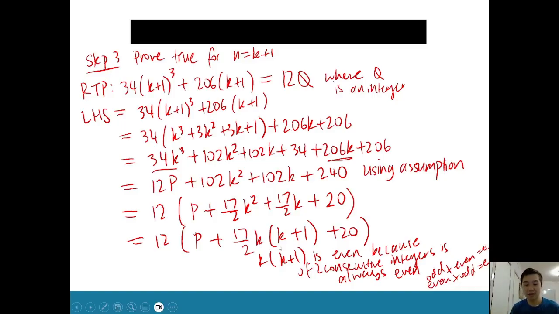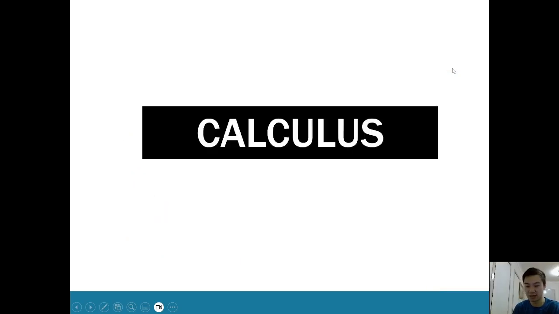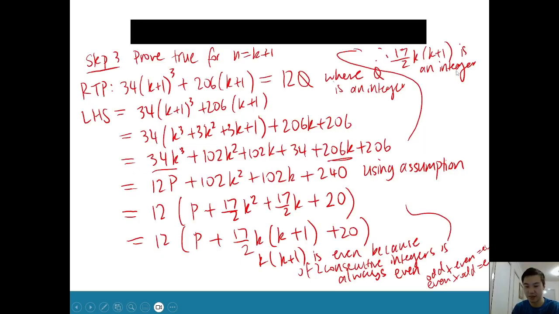And because of that, if I'm running out of space here, but we can just say, therefore, 17 over 2 times k plus 1 is an integer. Because if k times k plus 1 is always even, it's divisible by 2, so it will result nicely into an integer.